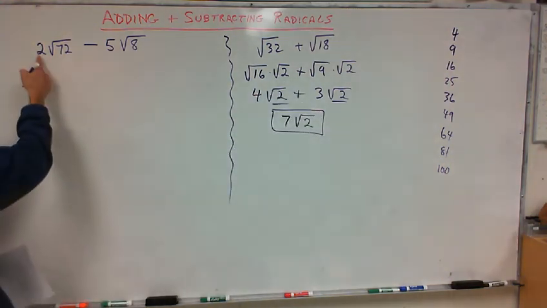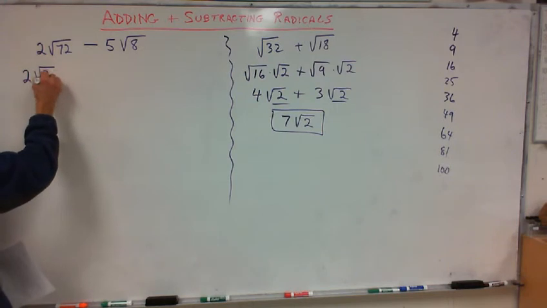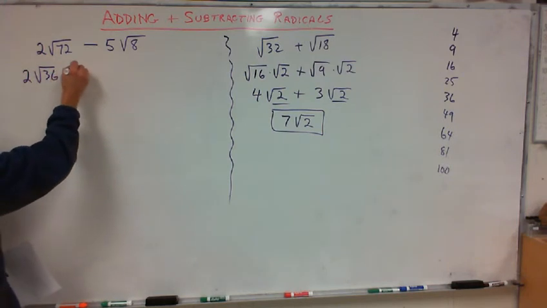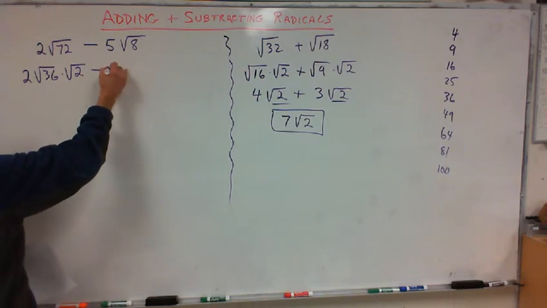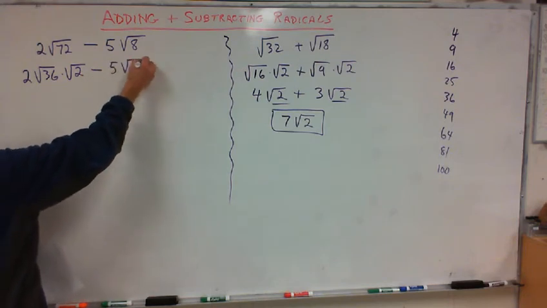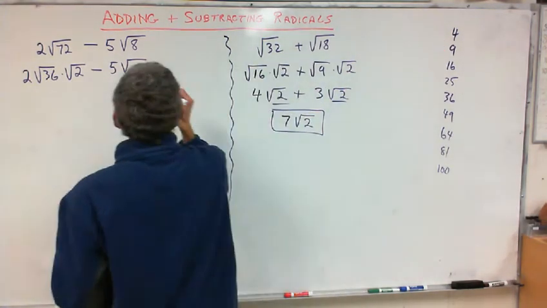So I'm going to keep this 2, and I'm going to put the square root of 36 times the square root of 2. Yes? Minus, I'm going to keep that 5, and then I'm going to put square root of 4, since half of 8 is 4. 4 is a perfect square.